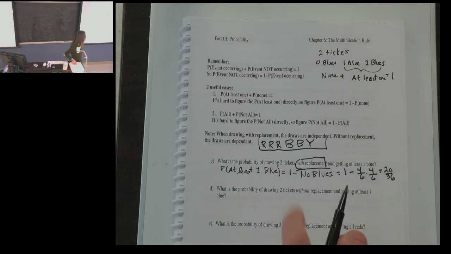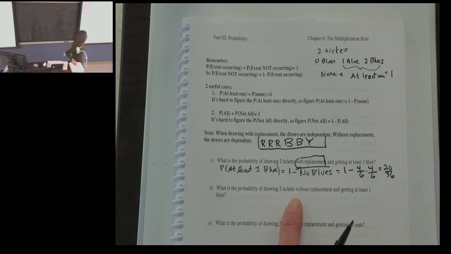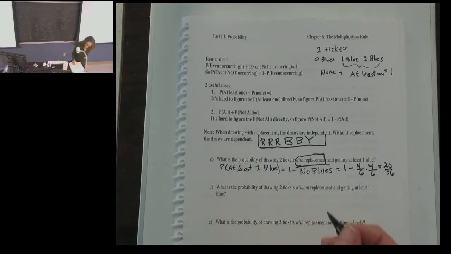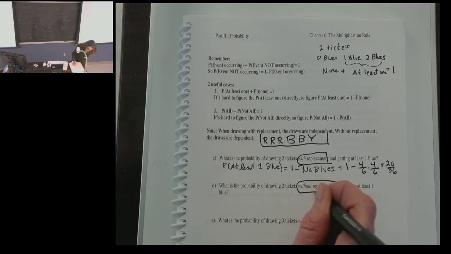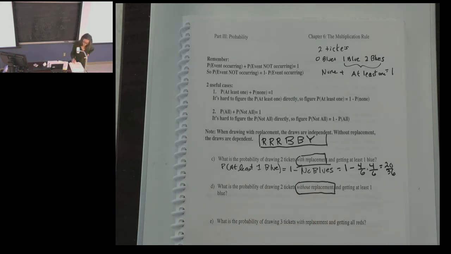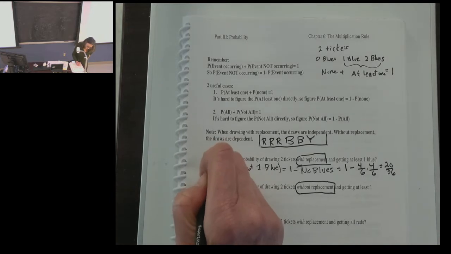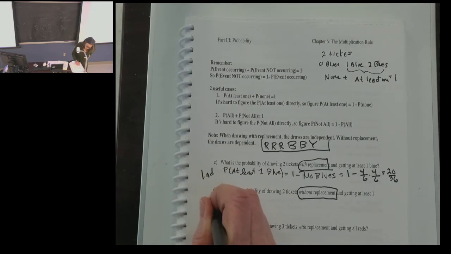Okay. What's the probability of drawing 2 tickets without replacement and getting at least 1 blue? Now we're without replacement, so what are we going to do? It's going to be the same thing, but this was independent, and now this is going to be dependent.